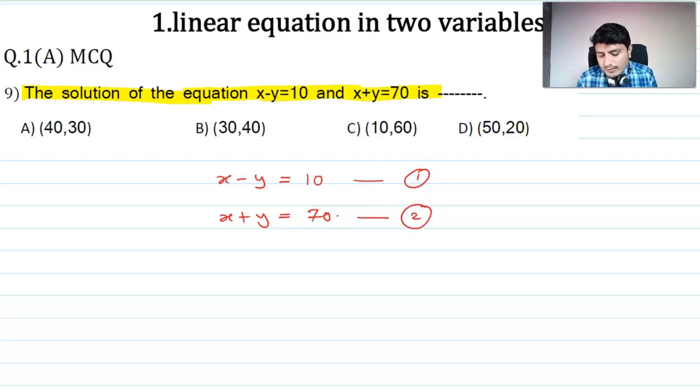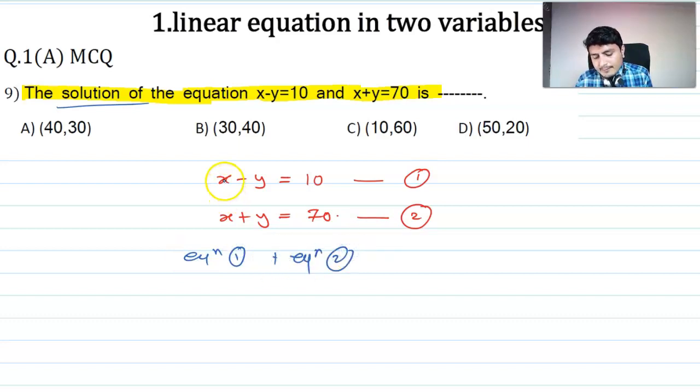Here we have to evaluate the solution, meaning the values of x and y. To find the values of x and y, since the y coefficients are -1 and +1, with unlike signs, once we add up equations 1 and 2, y can be eliminated. So I am writing equation 1 plus equation 2: x plus x is 2x, while minus y plus y gives us 0y, meaning y is cancelled out or eliminated, and 70 plus 10 gives 80.